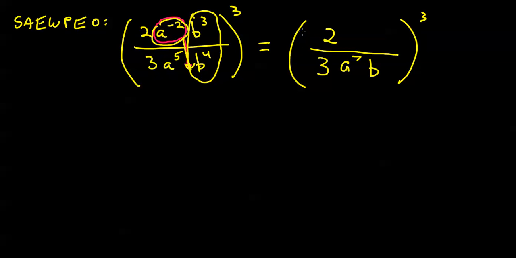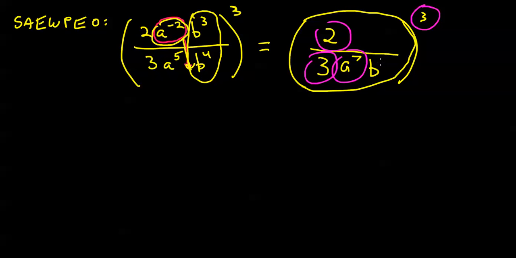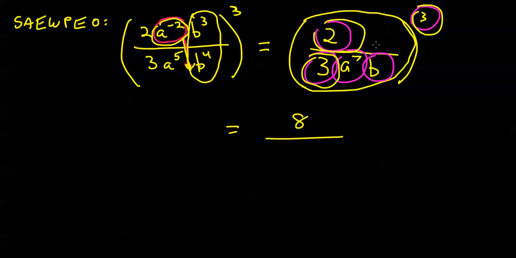So notice I've simplified as much as I can within the parentheses. Now I know from my rule for products and quotients that I can distribute my outer exponent on all 4 of these factors and multiply or divide the indicated result. Alright, 2 cubed is 8 in the numerator, divided by 3 cubed is 27 in the denominator.